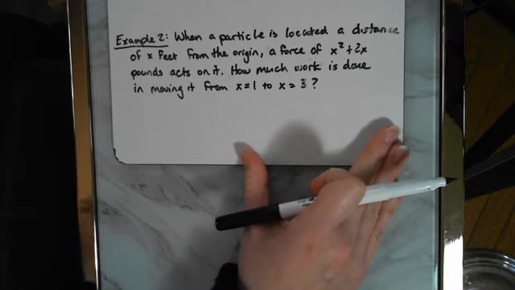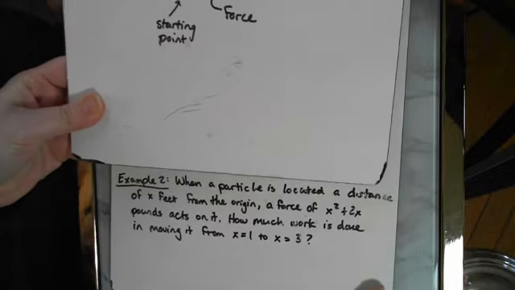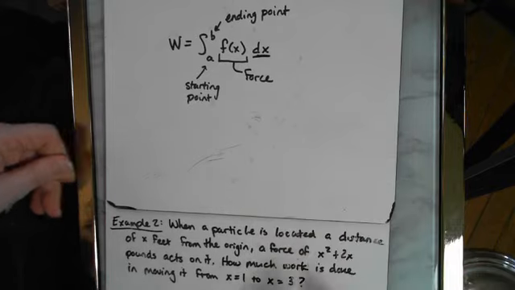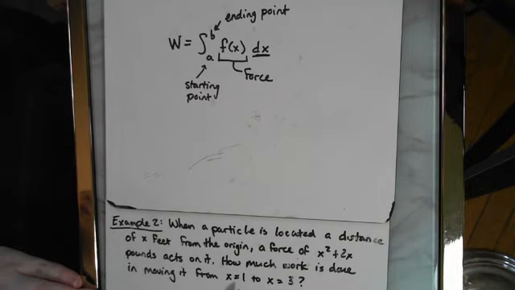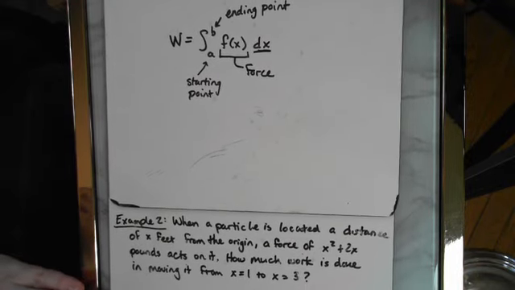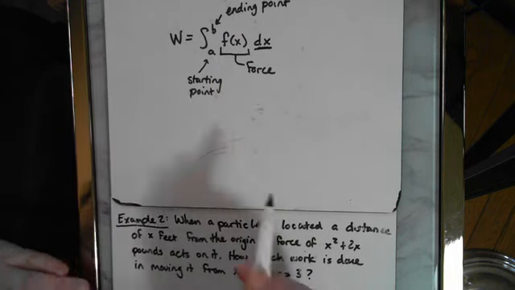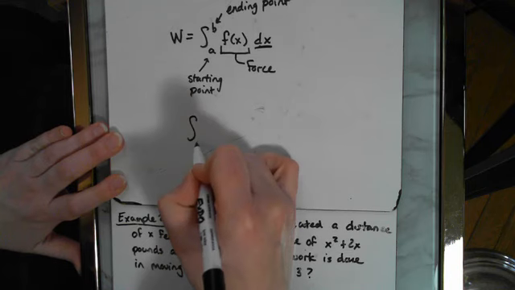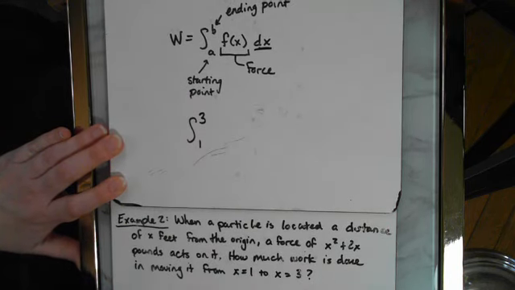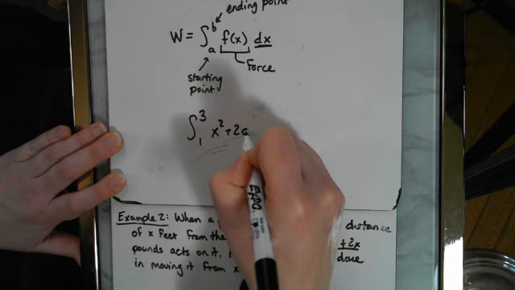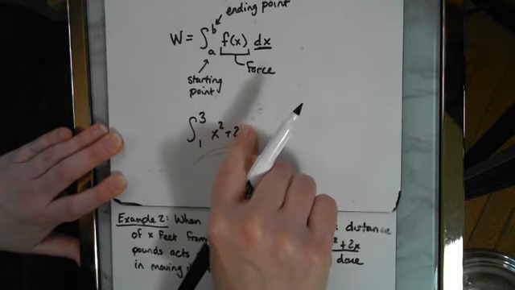So looking at that work formula I had earlier, notice that this x equals 1 and x equals 3 would be my starting point and my ending point. So I'm going to do the integral from 1 to 3. Now this is my force function, x squared plus 2x. So I'm going to put that here, x squared plus 2x. Oops, that's an x.